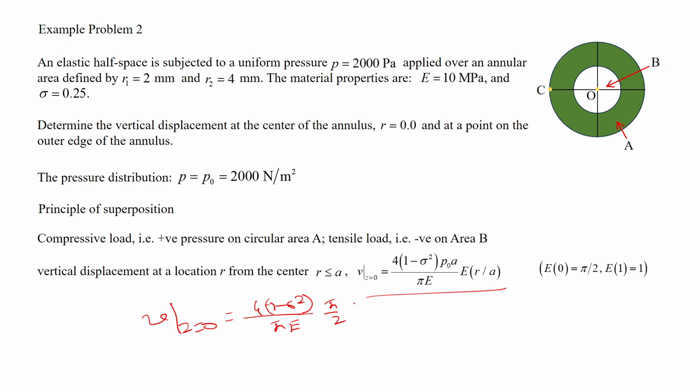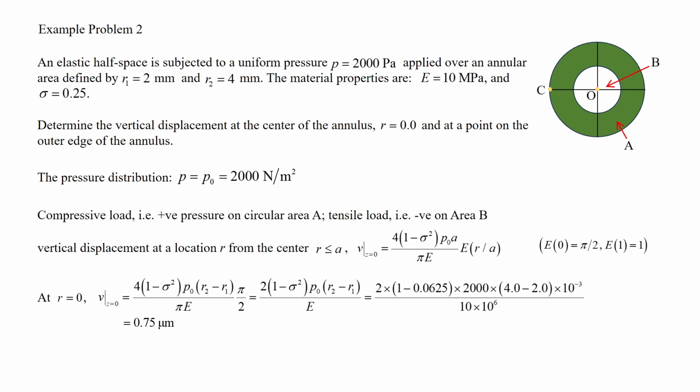So, it is pi by 2 here, and the a for the outer one is r2, and for the inner one r1, so it is r2 minus r1. That should give you the value of the vertical displacement at the center. Here pi gets cancelled and p0 is already given. So, finally, we get 0.75 micron.